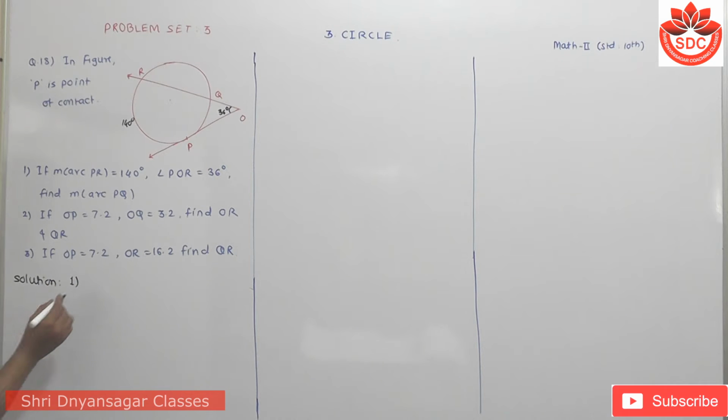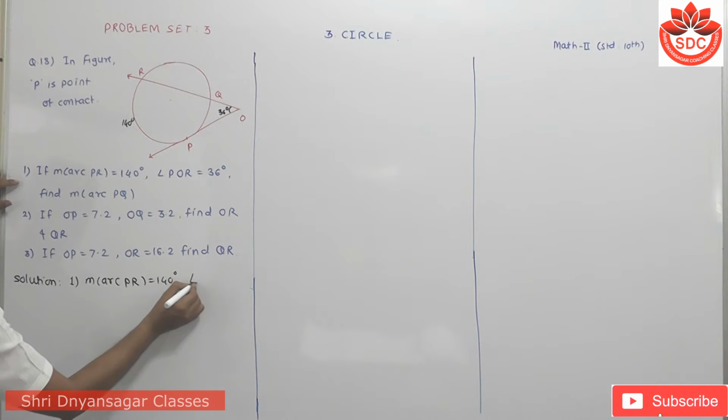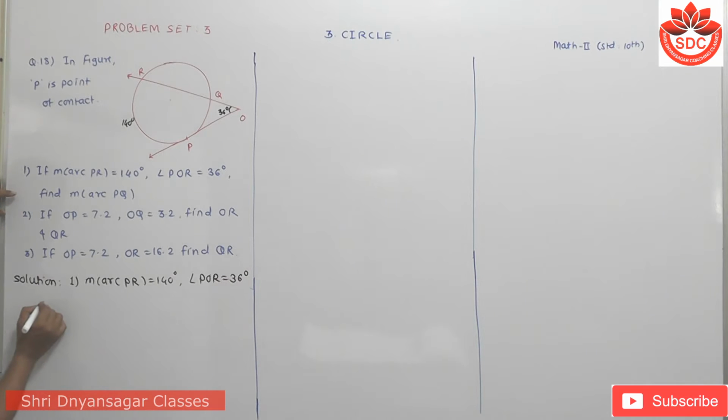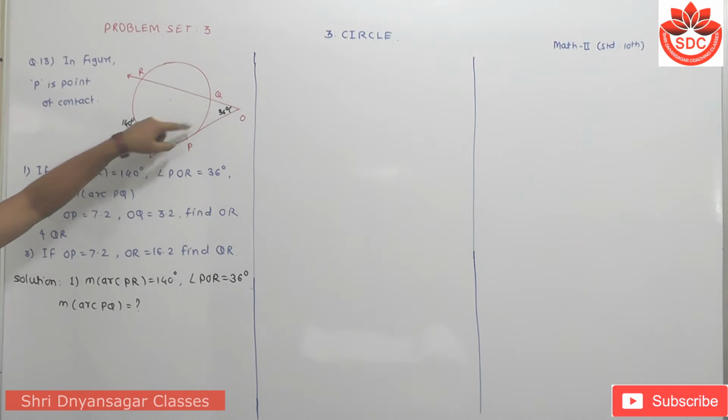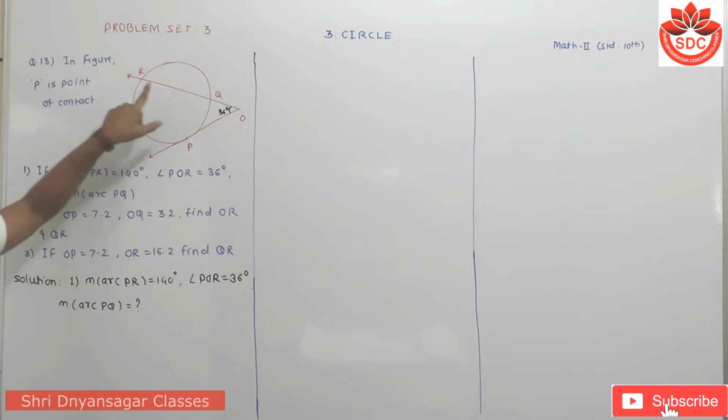First, each measure of arc is given. Arc PR is equal to 140, angle POR is equal to 36 degrees, and measure of arc PQ is equal to question mark. Look carefully: this arc PQ and PR is intersected by this angle POR.